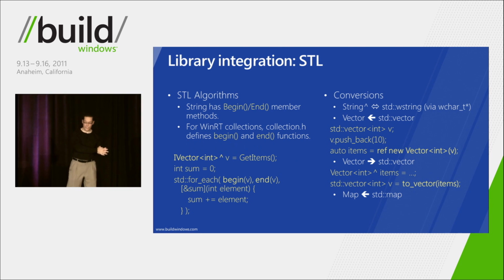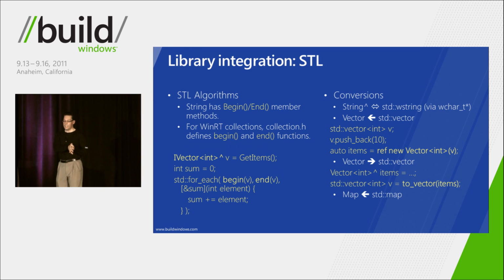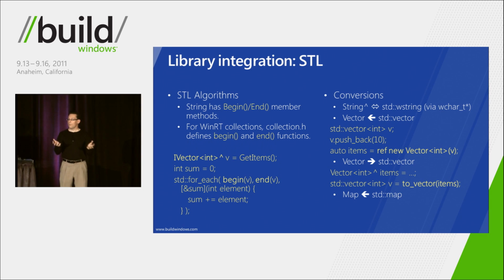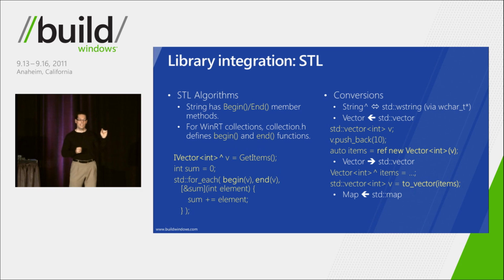And the way that you do it is that every algorithm expects an iterator pair, and every WinRT container provides begin and end member functions. Now, they're not little b begin, they're capital B Begin. Doesn't matter. Now, this takes advantage of a C++11 feature, a new feature in the new standard.